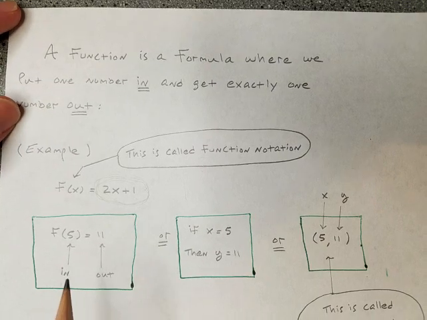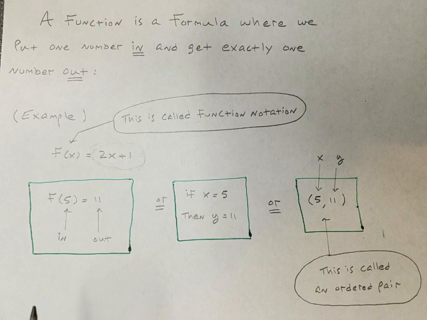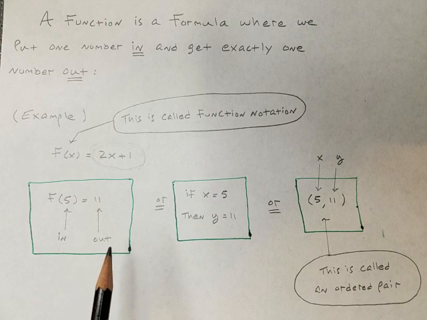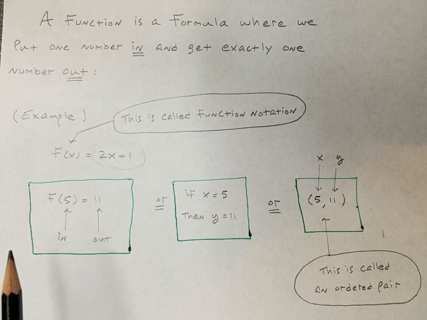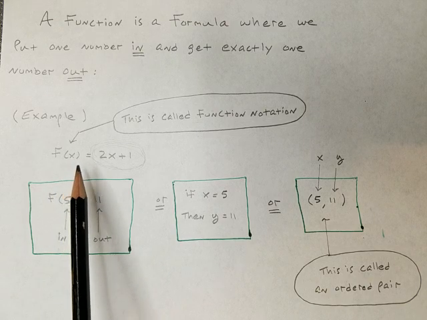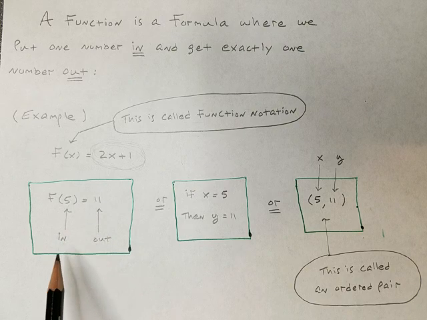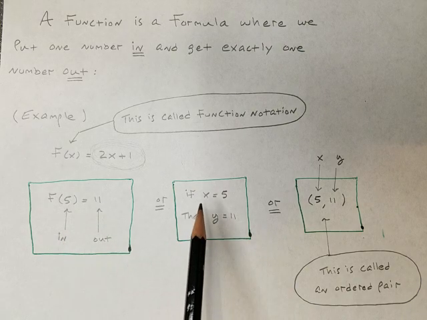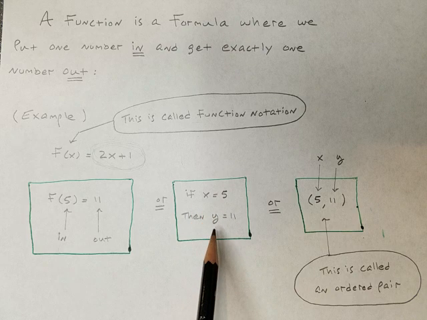But if you study math and science and you go further along, then there may be lots of different ways of expressing the same idea. So I could say in the function f of x, f of 5 is 11. That would mean if you put 5 in, you get 11 out. I could also say if the x is 5, then the y is 11.